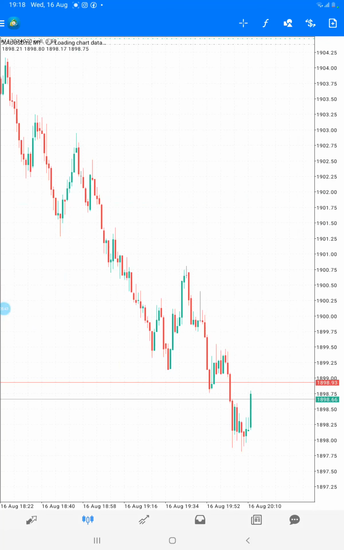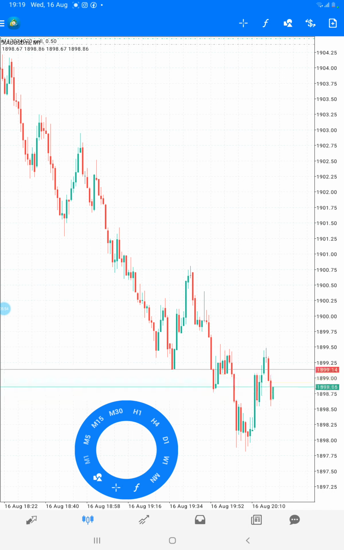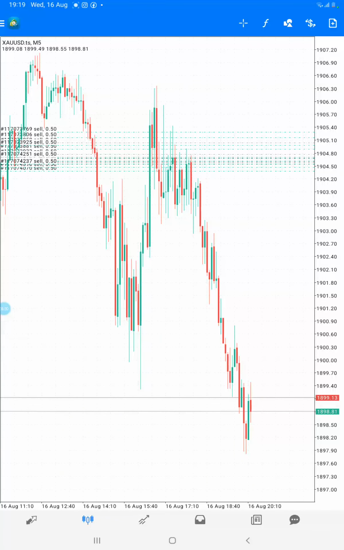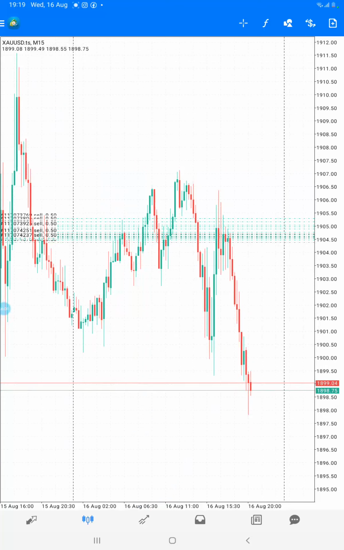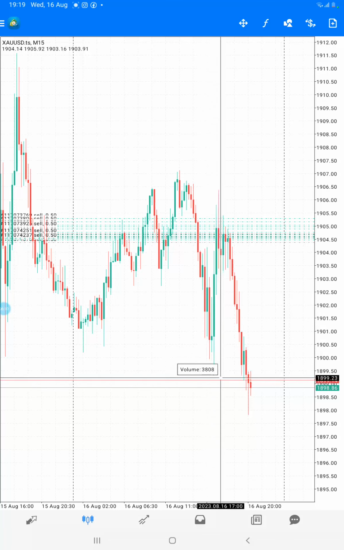Because if you can check, the market has moved decimally down on the 1 minute time frame, and also here on the 5 minutes time frame, and here on the 15 minutes time frame. So firstly, it came to this point and then it retraced back going up.